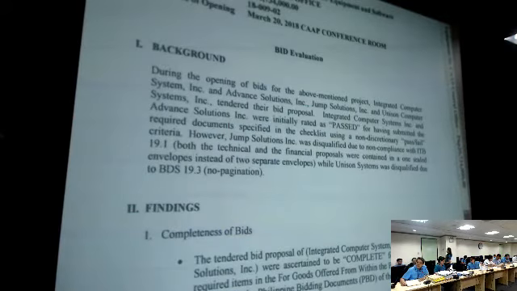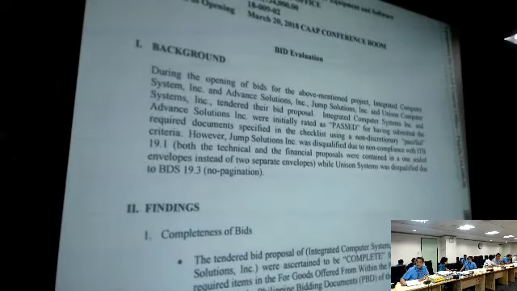Integrated computer systems, advanced solutions, Jump Solutions, and Unison computer systems tendered bid proposals. Integrated computer systems and advanced solutions incorporated were initially rated as passed for having submitted the required documents specified in the checklist using a non-discretionary pass-fail criteria.